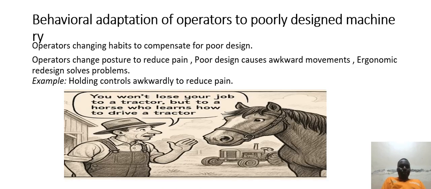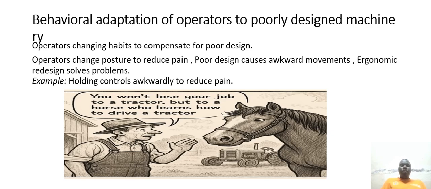Another slide is behavior adaptation of operator to poorly designed machinery. Operators change habits to compensate for poor design. Operators change postures to reduce pain. Poor design causes awkward and backward movements.